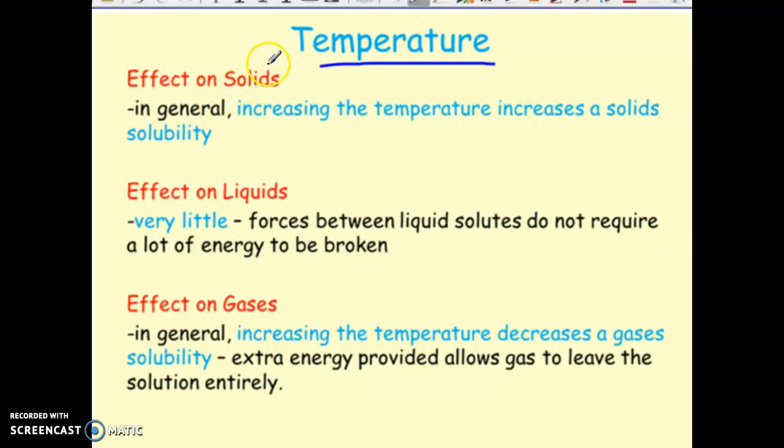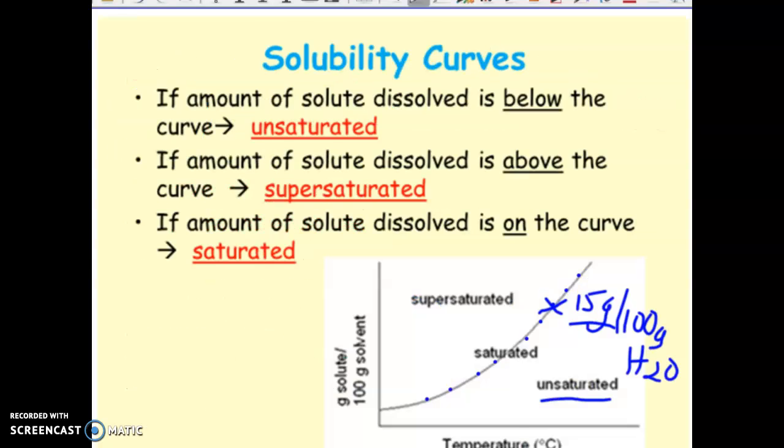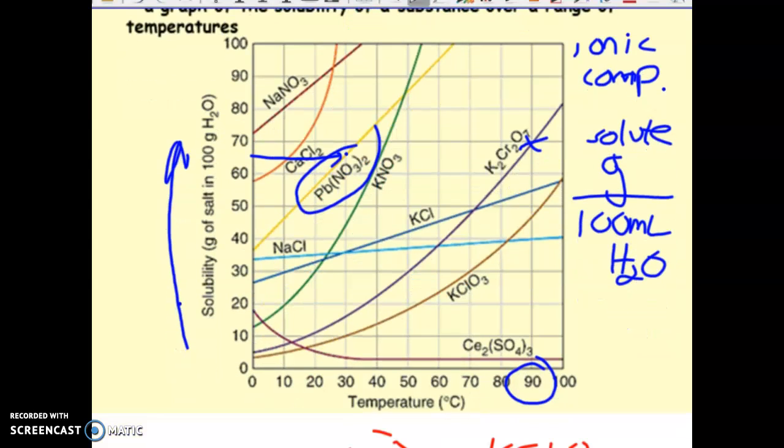So for solids, what we're talking about here is the solute. If you're trying to dissolve a solid into water, increasing the temperature will increase the solid's solubility in general. There are always going to be exceptions to this rule. So for example, if you go back to this curve, most of these lines are increasing in solubility.